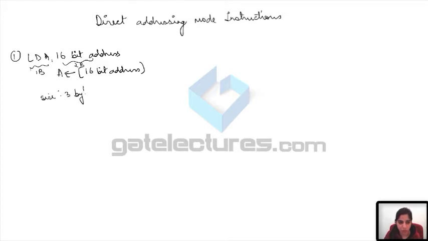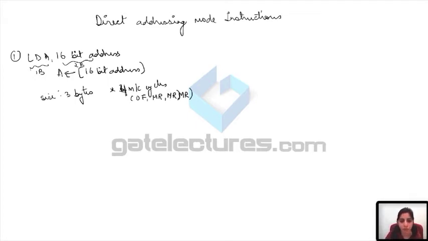So this is going to be a 3 bytes long instruction and having 3 machine cycles, which are opcode fetch and 2 memory read cycles to read the data. Okay, I'm really sorry. This is going to have 4 machine cycles: 1 opcode fetch, 2 memory read cycles to read the address, and then 1 more memory read cycle to read the data from this address.